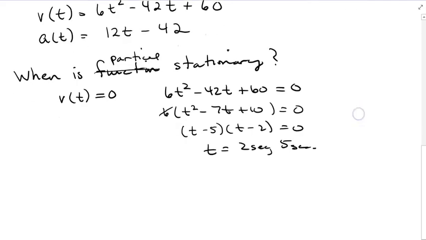So let's think about that for a minute. Let's draw it. Always draw pictures. It helps you to determine what's going on. Our particle's starting at 0. We know it becomes stationary at 2 seconds, then at 5 seconds, and we only care about what happens up to 6 seconds, because that's our domain, essentially, for time.